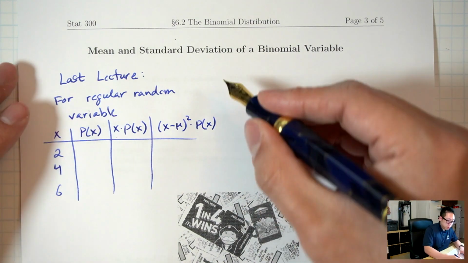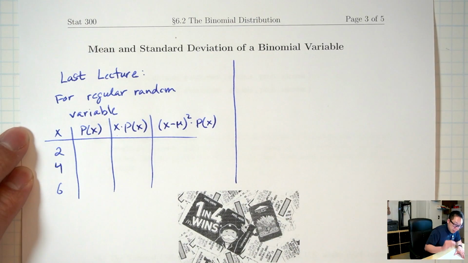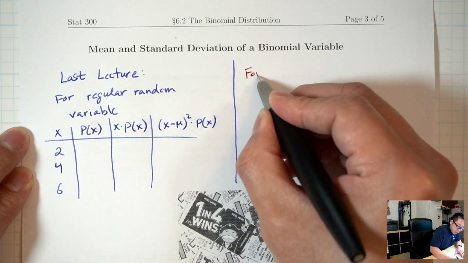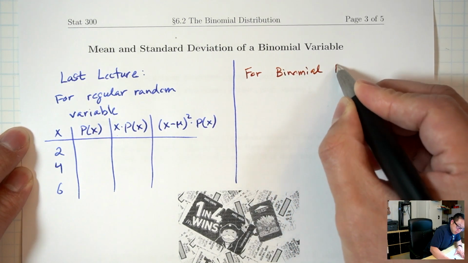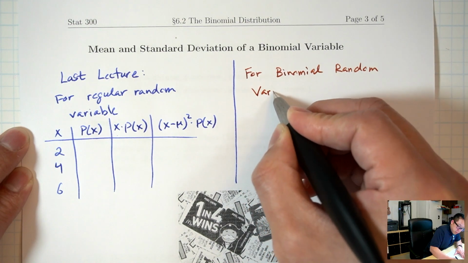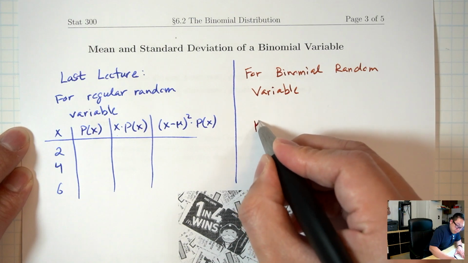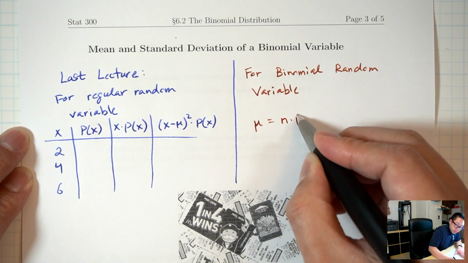We filled in this table using Google Sheets, and then we used the table to find the mean and standard deviation. For a binomial random variable, there are actually nice formulas for the mean and standard deviation. And this time I'm not lying. The formulas are nice. For the mean, instead of making the table, you just do n times p.